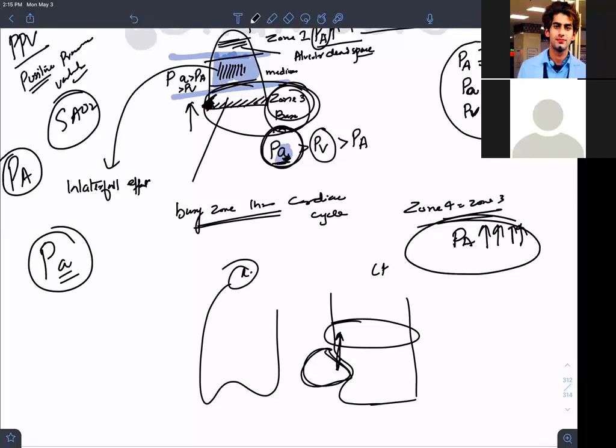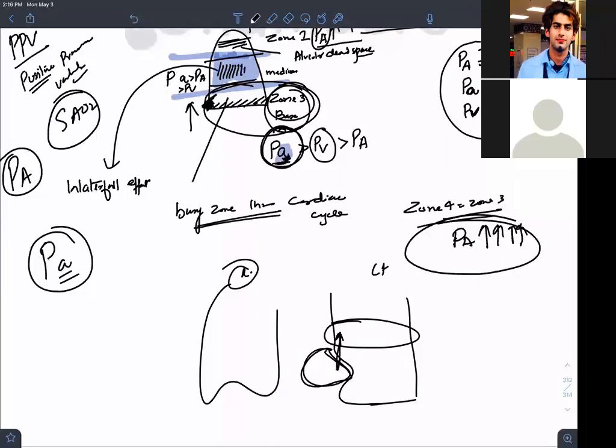Now tell me one thing, who is regulating the blood flow in the lungs? Why are you all sleeping? I want answers. Who is saying that I should take more blood flow in the lungs? Auto-regulation, I'm saying.